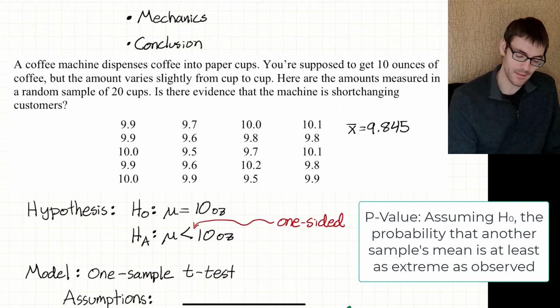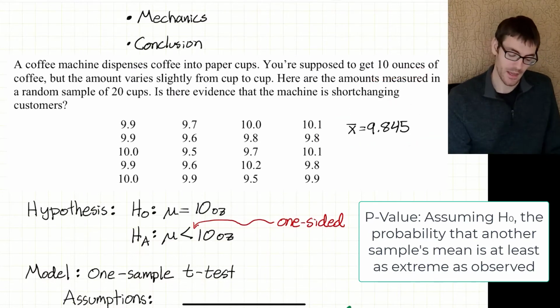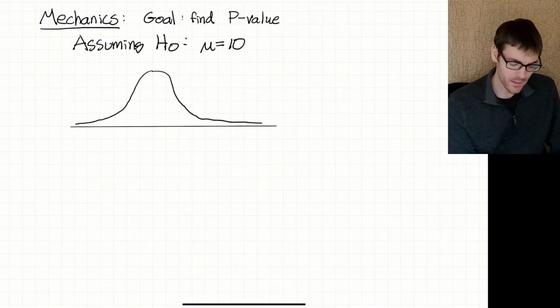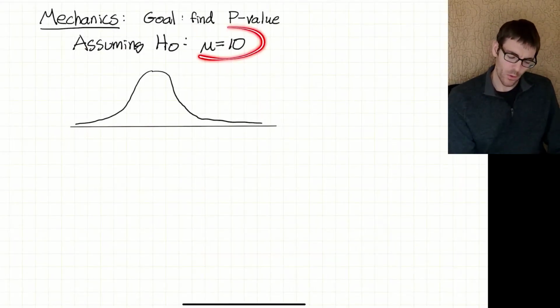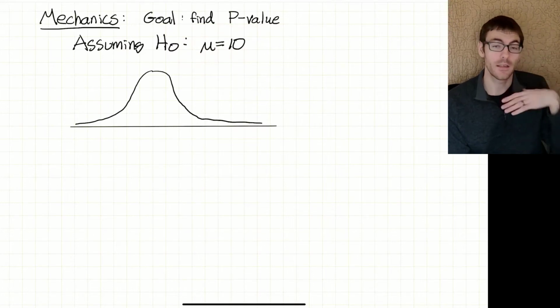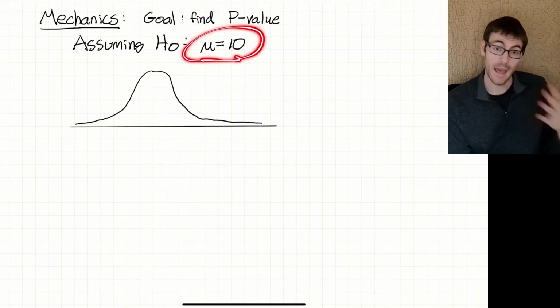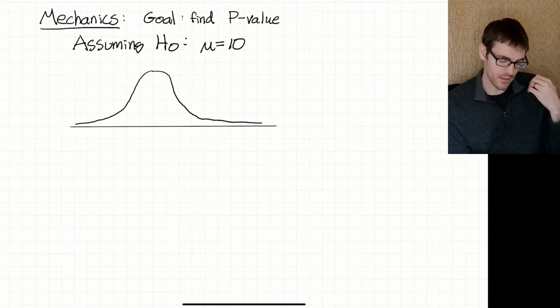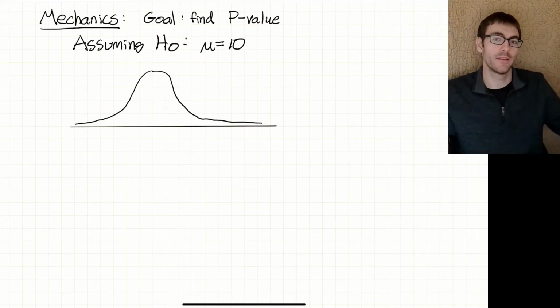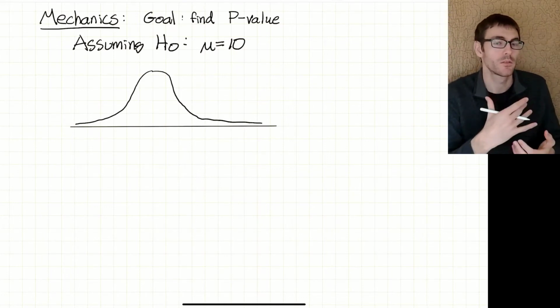What's the probability that if 10 ounces is true, we just by happenstance get an answer that looks like this? Okay, now we're asking a probability question. We're in the world where the average amount of coffee per cup is 10 ounces, and we are imagining what happens if we again were to go and measure 20 cups.